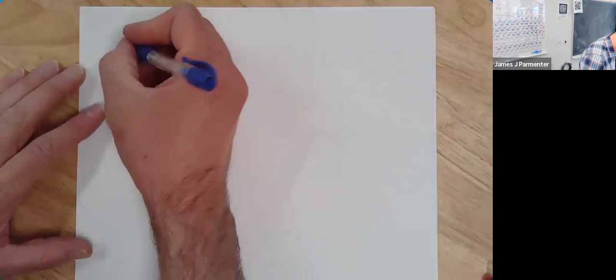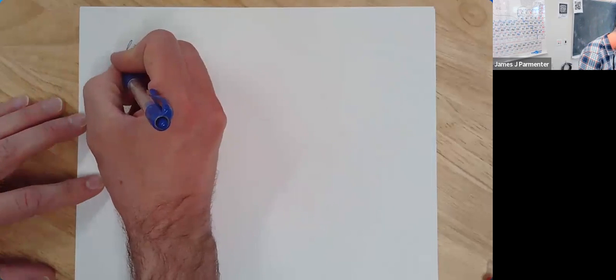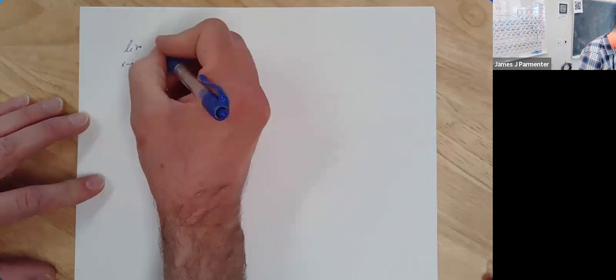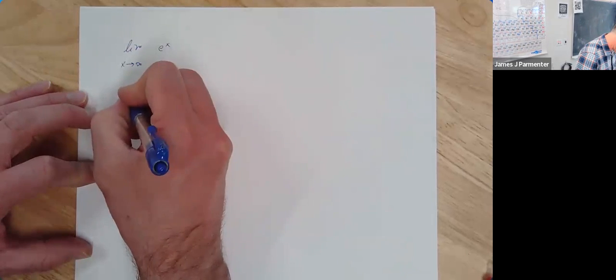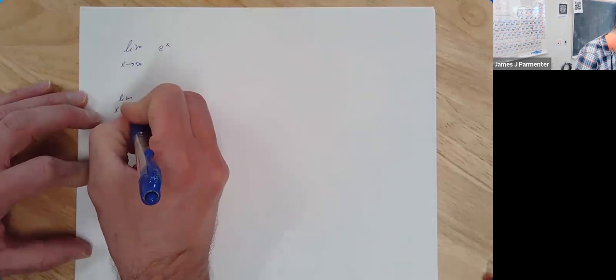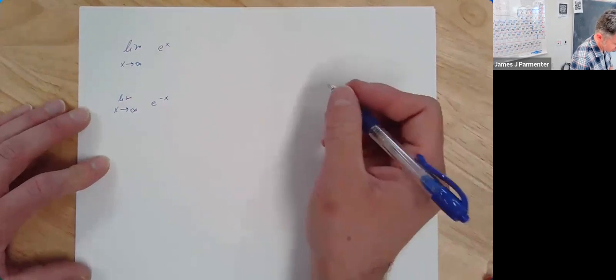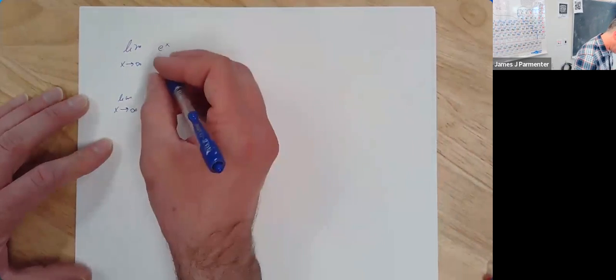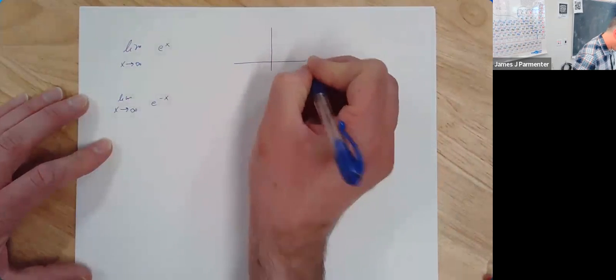Actually, before I say either of those things, here's what I would encourage you all to really think about when you're dealing with these. I want to look at the limit as x goes to infinity of e to the x, and the limit as x goes to infinity of e to the negative x. And also really a couple other things. So when I'm thinking about this, I'm really thinking about the graph of e to the x.